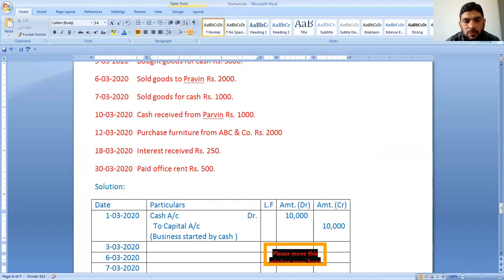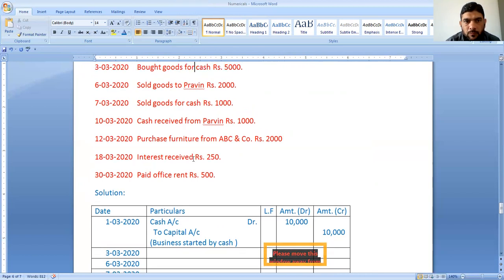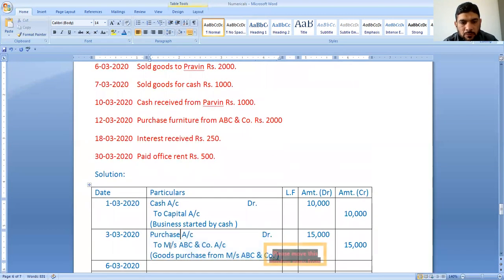Next one is bought goods for cash rupees 5,000. So goods have been purchased for 5,000 rupees. So purchases have been made. So purchases account will be debited, and here it has been made by cash.